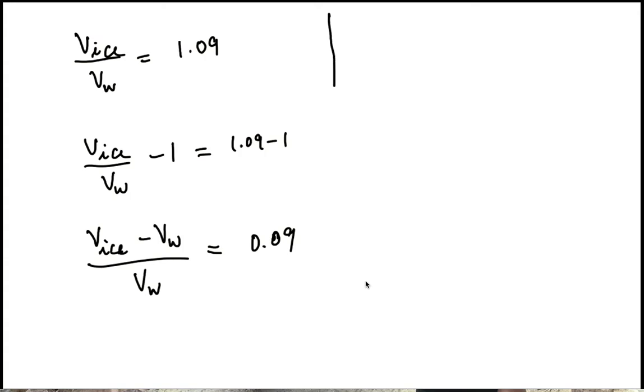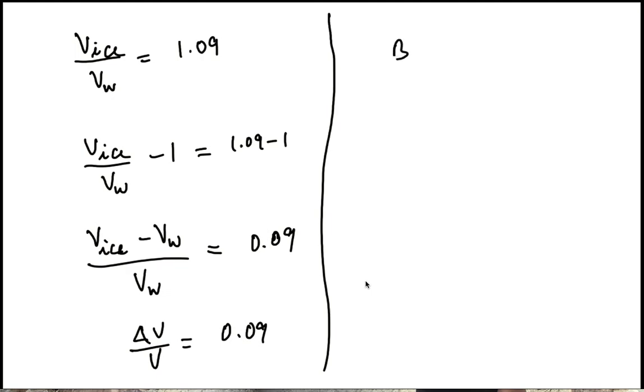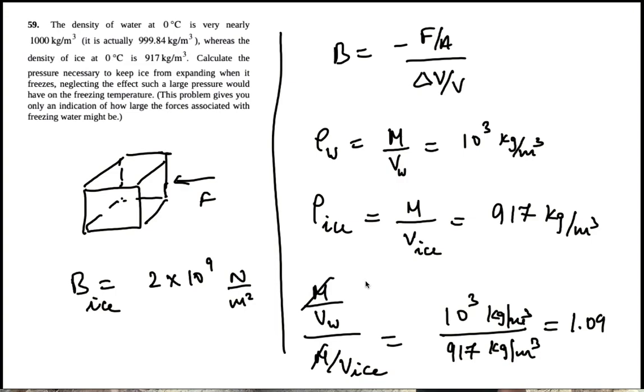All right, so going to the bulk modulus, it is force over area, and now we'll just do delta V by V. And what is it that we're calculating? Calculate the pressure.